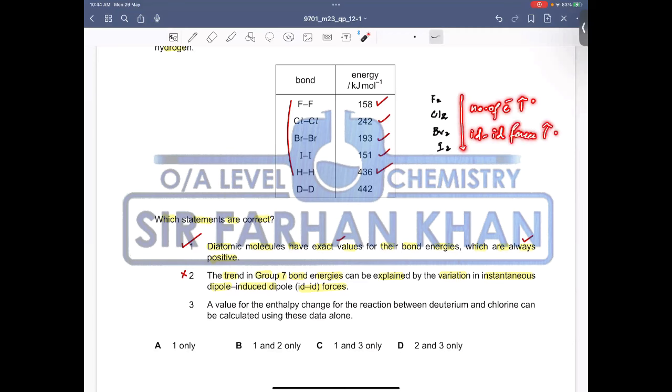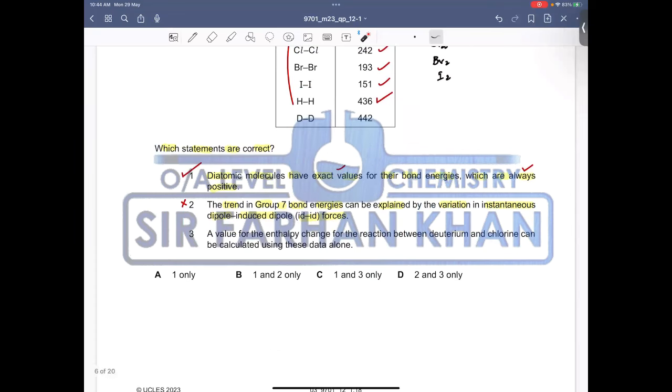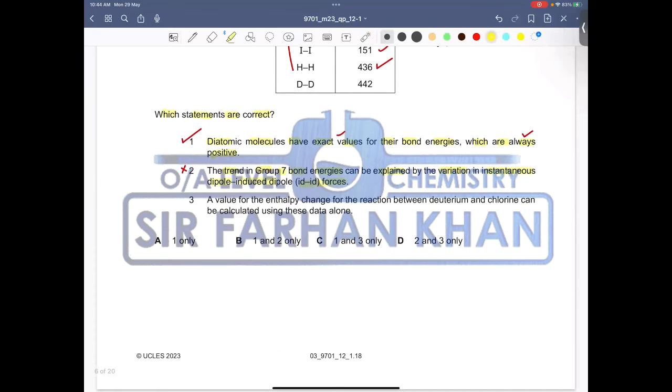To overcome such forces, we need more energy, and therefore they have high melting and boiling points. Whereas the bond energy values of these halogens decrease, which is why the explanation doesn't reflect the bond energy values, which means the bond energy values have nothing to do with these instantaneous dipole induced dipole forces, and therefore option 2 is incorrect. All right, let's talk about option 3.